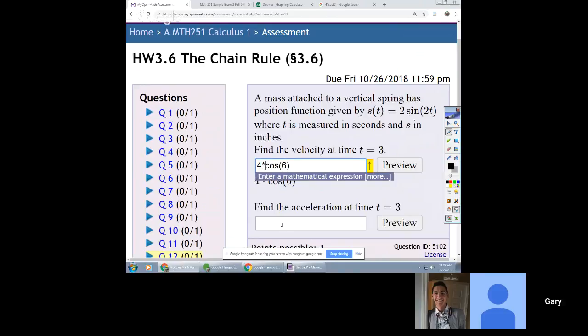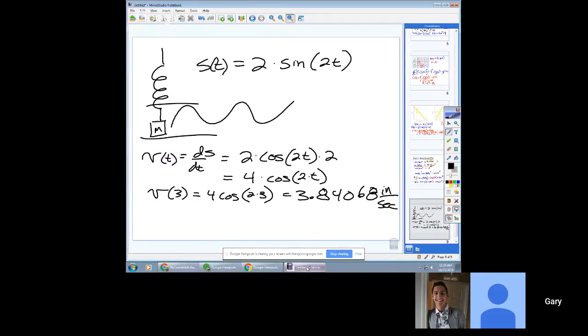Some systems aren't. Acceleration is the rate of change of velocity, so we need a second derivative. So acceleration is the rate of change of the velocity. The 4 stays. The derivative of the cosine is negative sine. 2t stays there, but the chain rule says we multiply by 2.